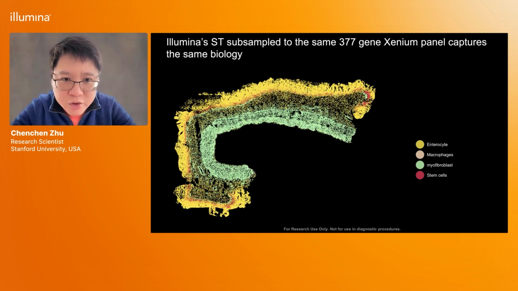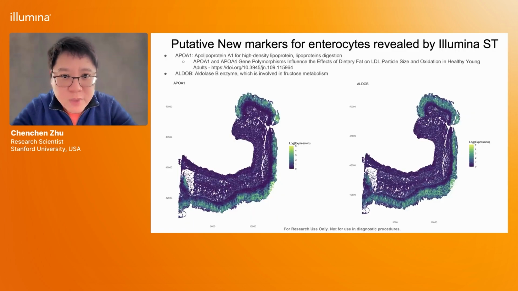And it is reassuring that even with the targeted approach, if we subsample the Illumina data to the same genes, we are still recapitulating the exact spatial localization of these stem cells. And maybe more interesting is that the untargeted nature of the Illumina assay allows us to make new discoveries.